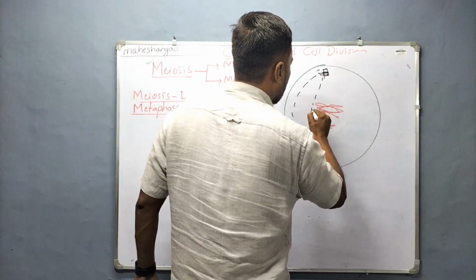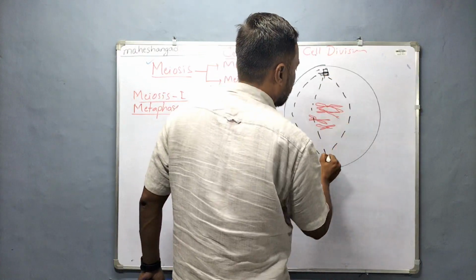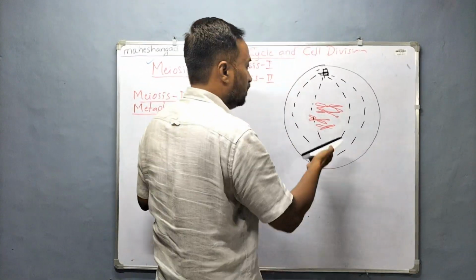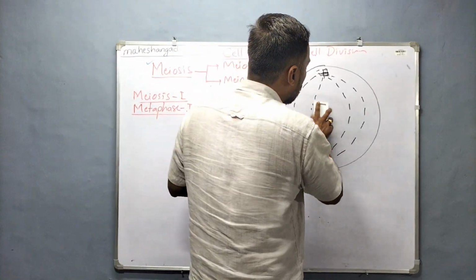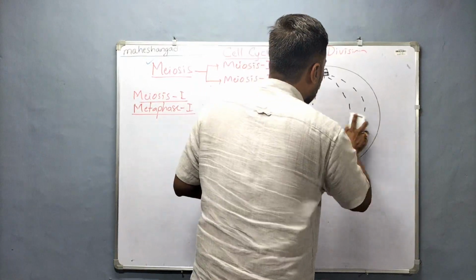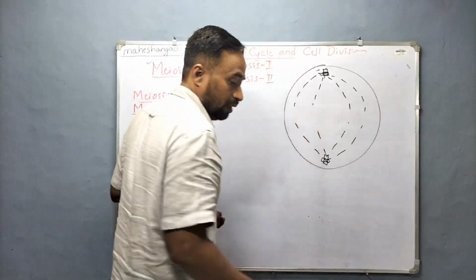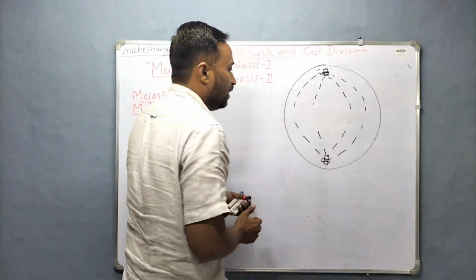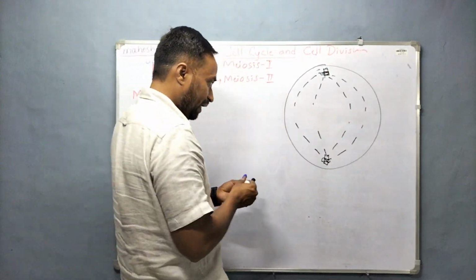This is how they form the spindle fiber. And the chromosomes, particularly the tetrad, now come to the central equatorial plate.